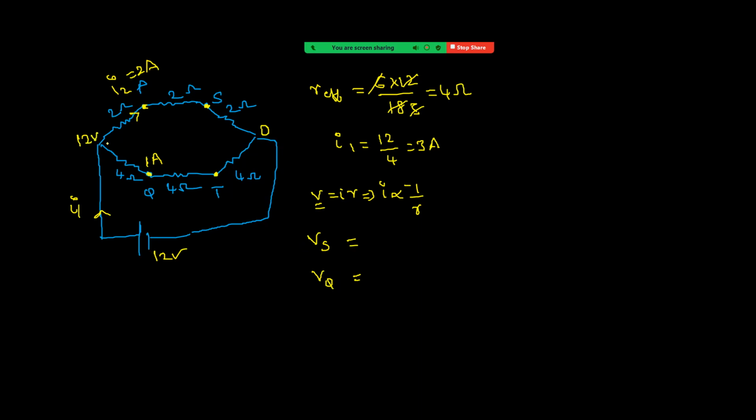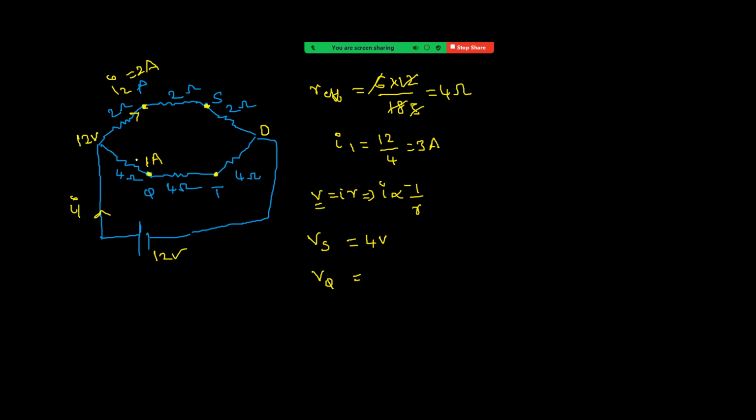Now here, 2 ampere current is flowing. So 2 into 2 is 4, which means the potential will be 4 volt at S. Next, coming to Q, the current is 1 ampere. So 1 into 4 is 4.